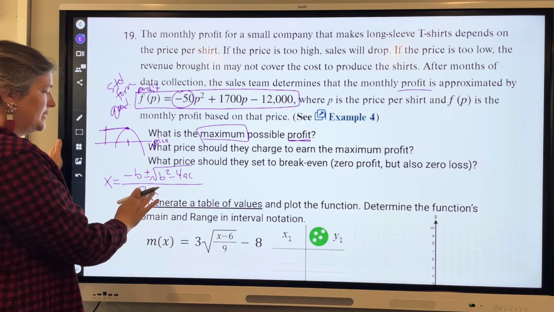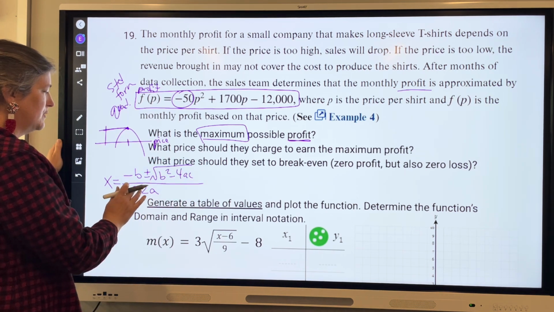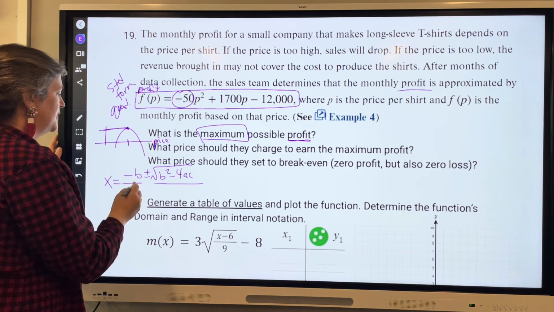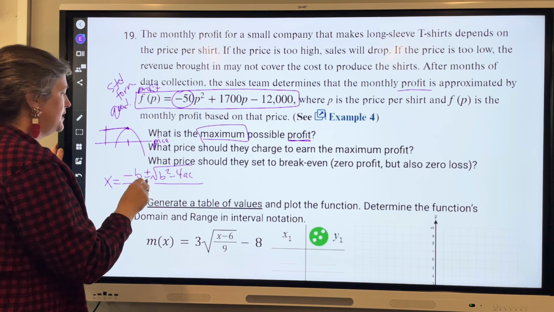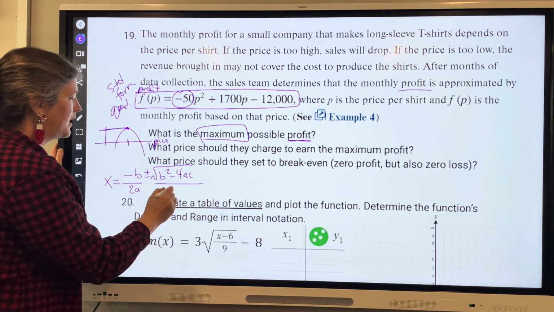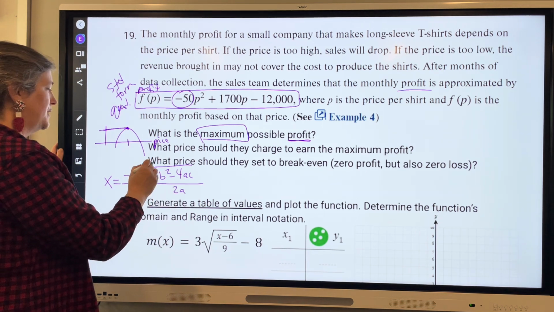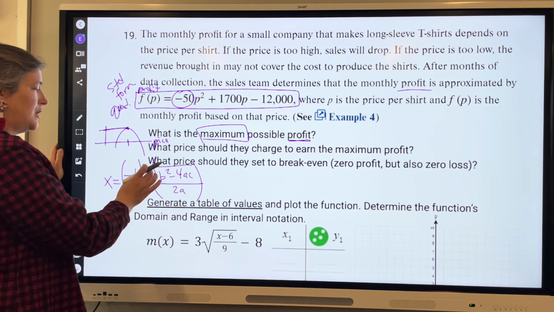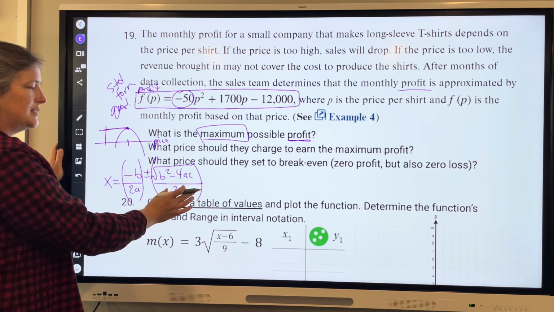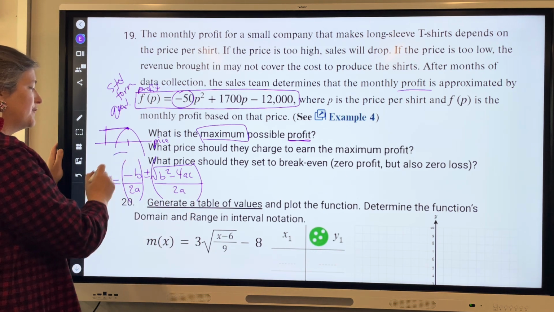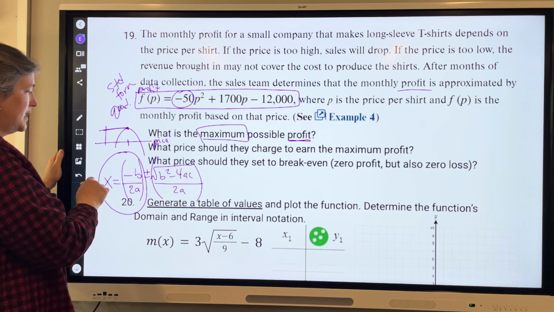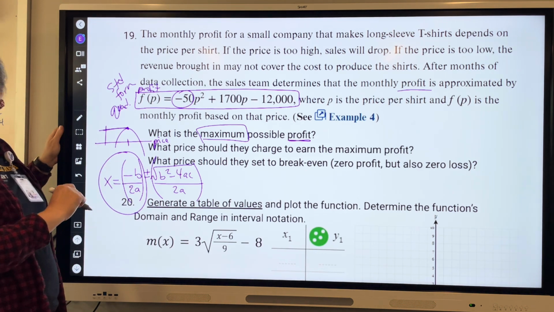Remember, I like to put my 2a in both places so that I can see that this could be a sum or difference of two separate fractions. If my zeros are evenly spaced plus or minus this much, then this must be my vertex. This is where it all starts. My vertex form is x equals -b over 2a.